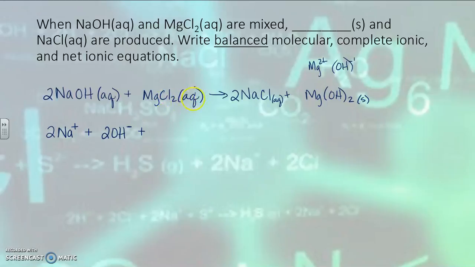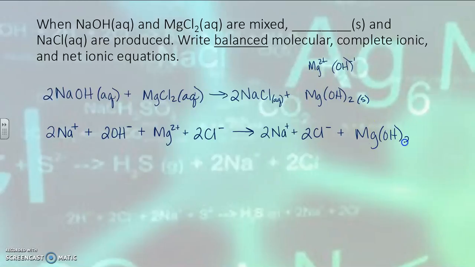Okay, MgCl2 is going to break apart into magnesium with a positive 2 and then 2 chlorines with a negative 1. And then NaCl gets broken into 2 sodiums with a positive charge and 2 chlorines with a negative charge. And then since magnesium hydroxide has an (s) after it, it stays together and it doesn't break apart.